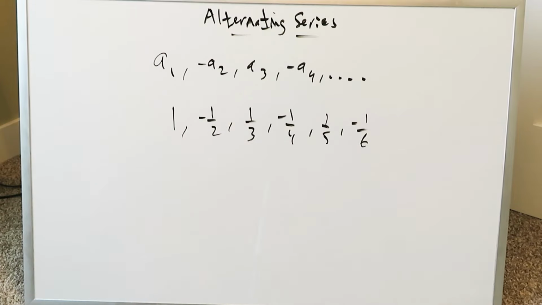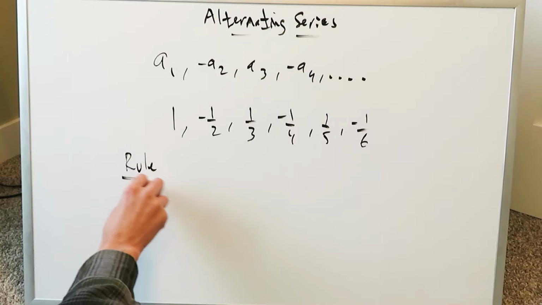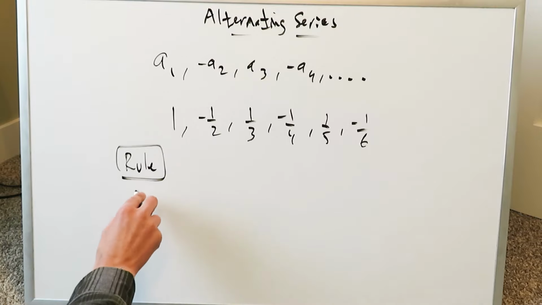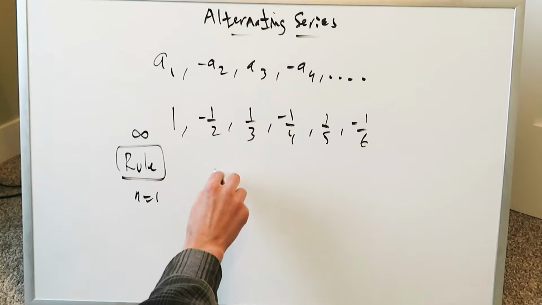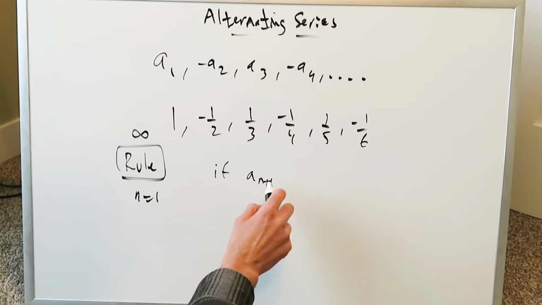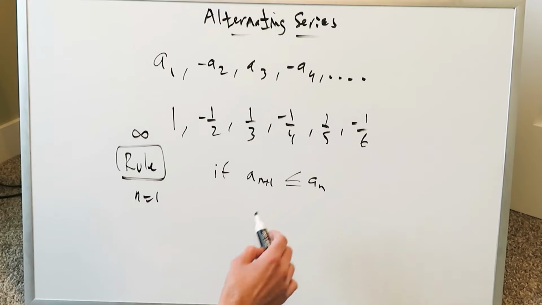The series test for this is very interesting. If you have a particular rule, I'm not elaborating what that rule is because it depends on what your series is. You're looking here from n equals 1 to infinity. If each succeeding term, a sub n plus 1, this is the term right after the term before it, is always less than or equal to the preceding term, alright?